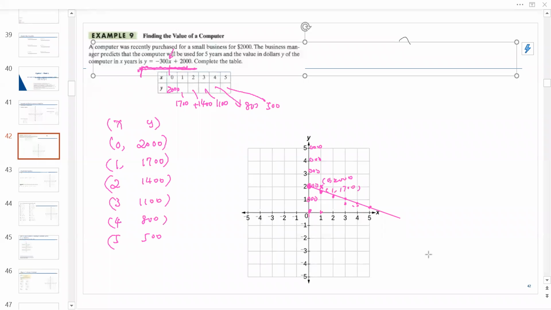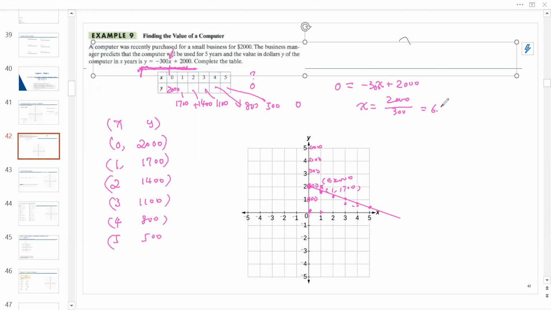We can graph this linear line. So after how many years will this computer value be 0? The question would be, how many years until the computer's value will be 0? When this became 0, what is the year? So we can put this 0 back here for y, right? So you can solve for x. Actually you can get 0 equals negative 300x plus 2,000. So x actually equals what? 2,000 over 300.